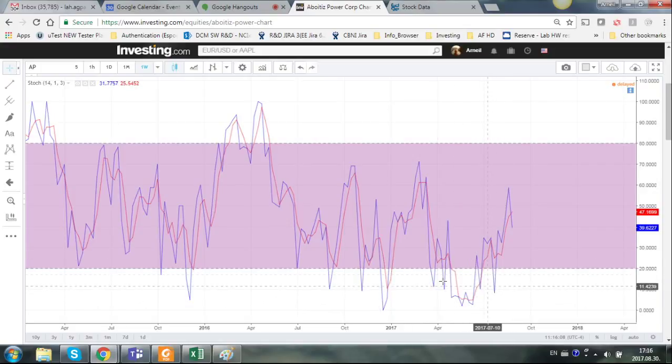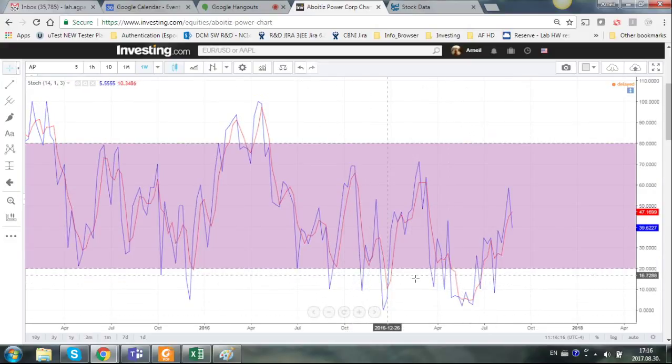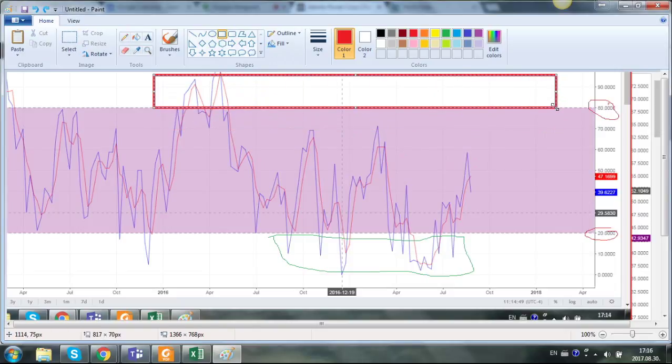So, therefore, kung nasa baba siya, at this region, it's a good buying opportunity. Okay? Kung dito naman siya, it's a good selling opportunity. Kung yung price papalo dyan at this level.